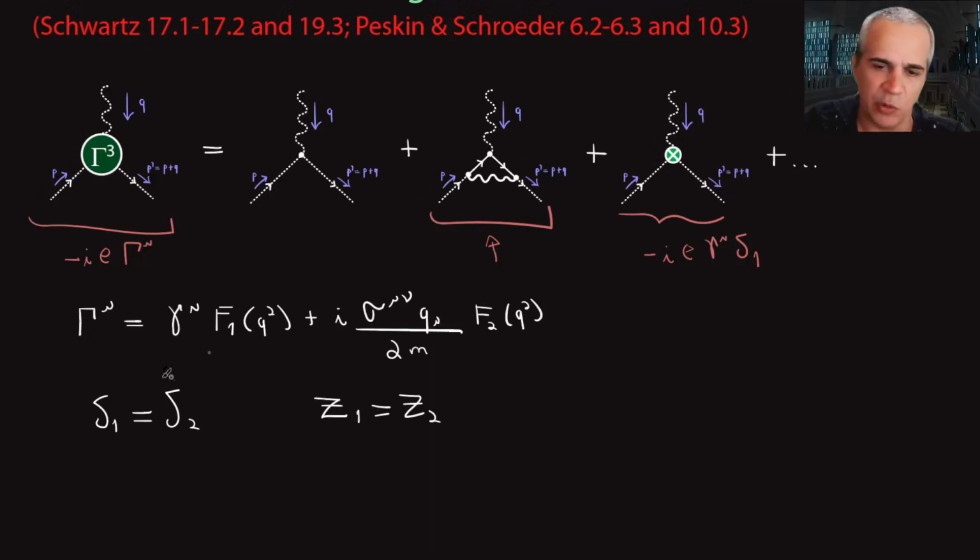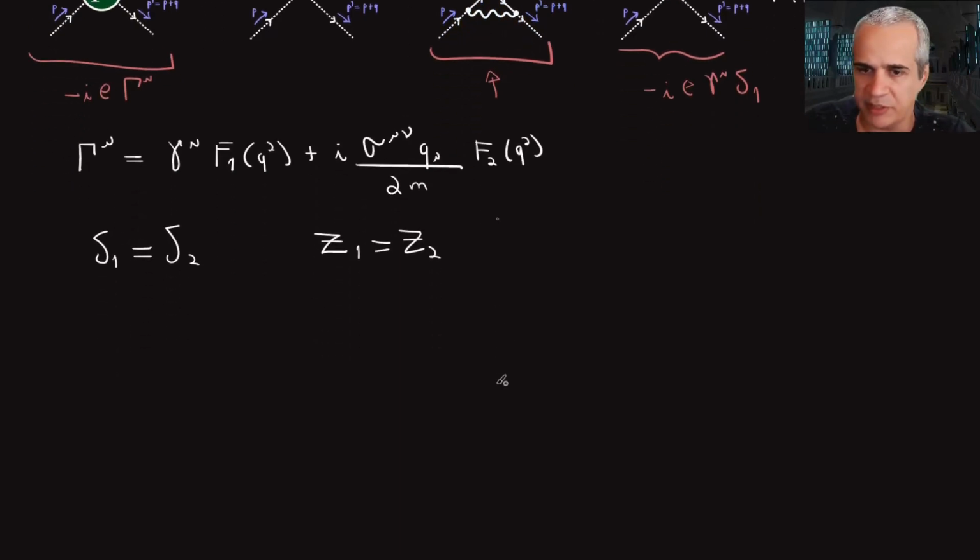That will also allow us to check if this is really true at one loop, to reinforce our trust in the Ward-Takahashi identities. But the main reason we want to calculate this in this video is to take a look at the finite part and have an expression for it that we will later use to look at the infrared divergences in the next video. So let's write the Feynman rules for this.